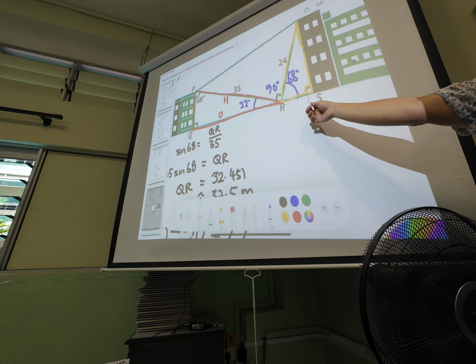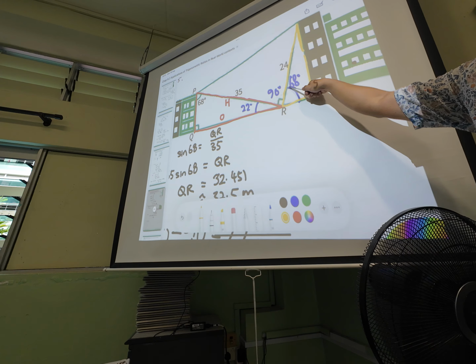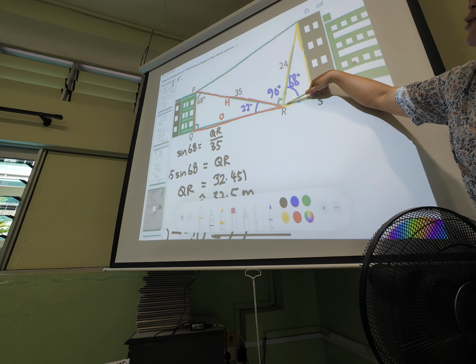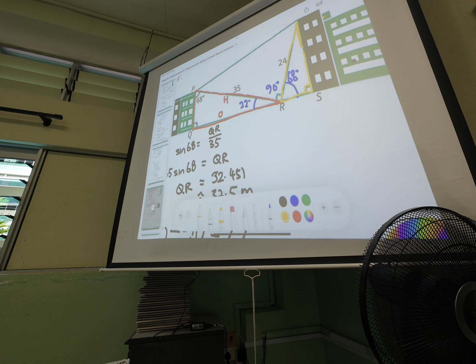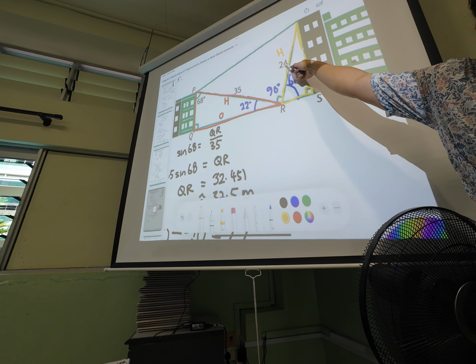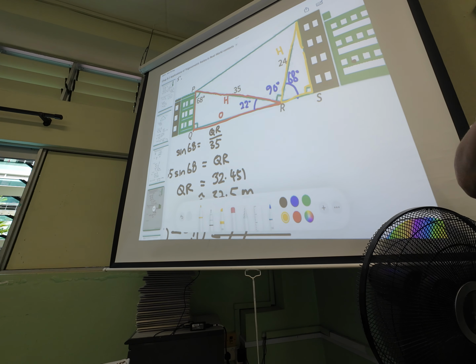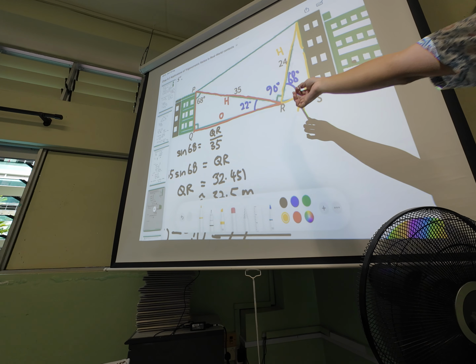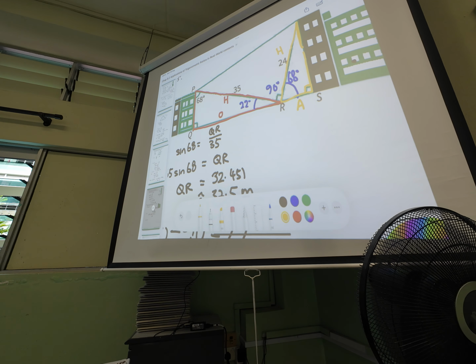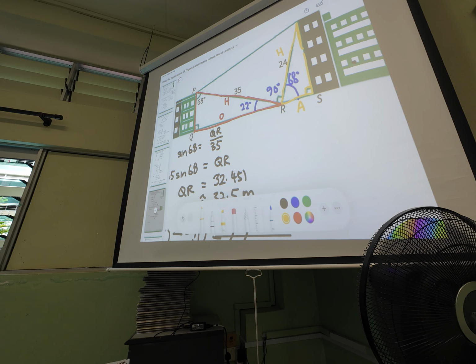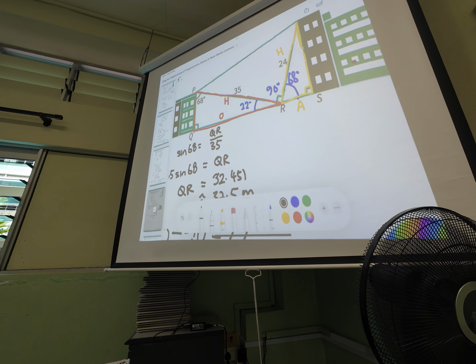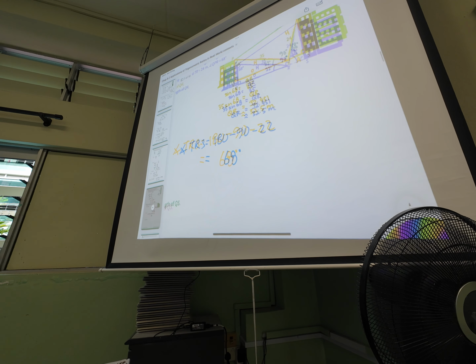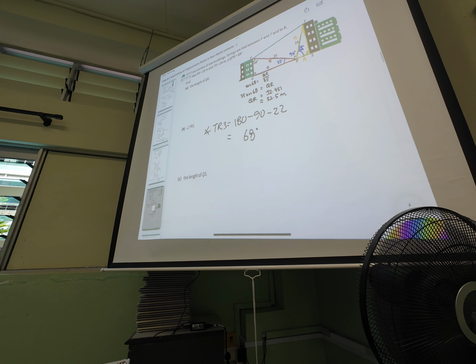I want to find RS. I know this angle. I know the hypotenuse. Hypotenuse this time is 24. RS is my adjacent. So I want to find adjacent using the hypotenuse, so CAH.